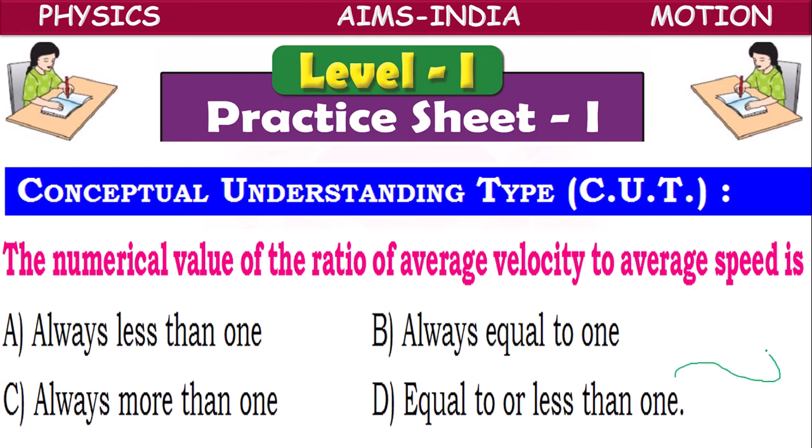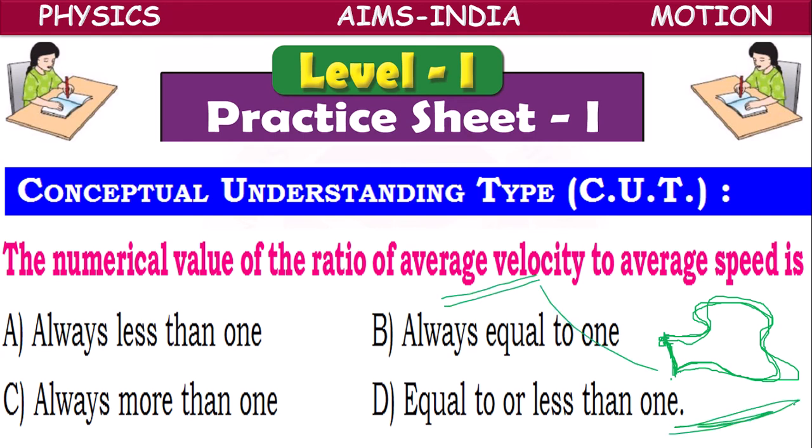But if the body travels in a curved line, average speed means throughout the journey we have to consider the total distance covered, while average velocity means beginning point to final point, what is the displacement. So average velocity in a straight line path equals speed. When it is a curved path, it is less than speed.